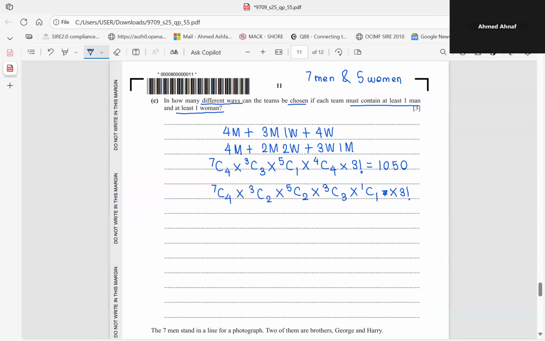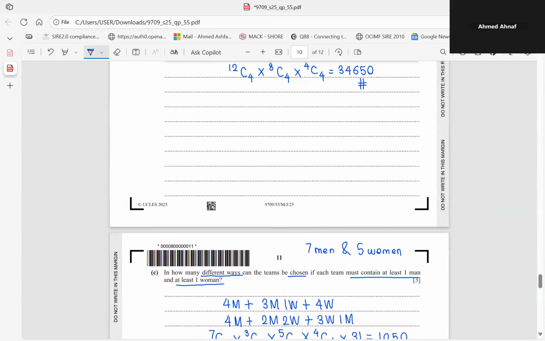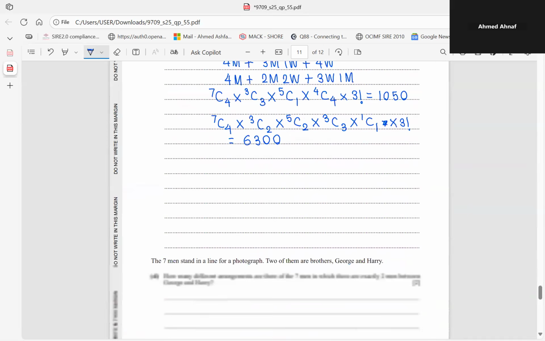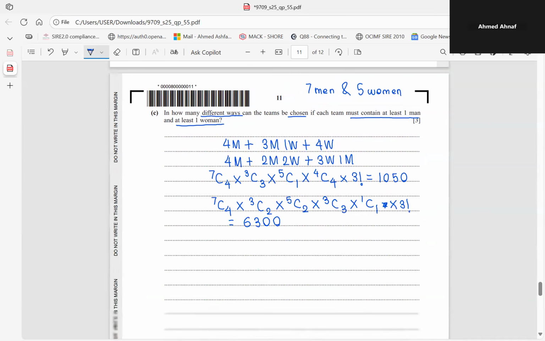So let's type this into the calculator. This is 6,300.